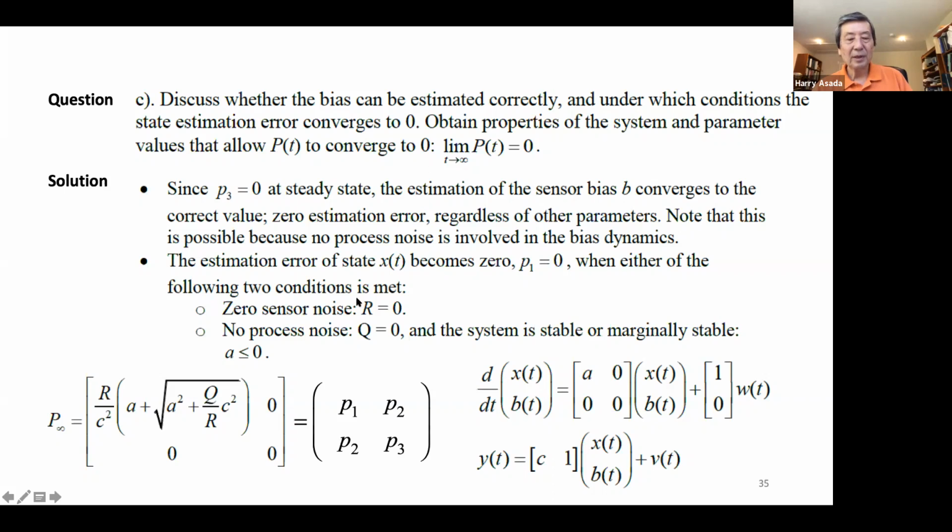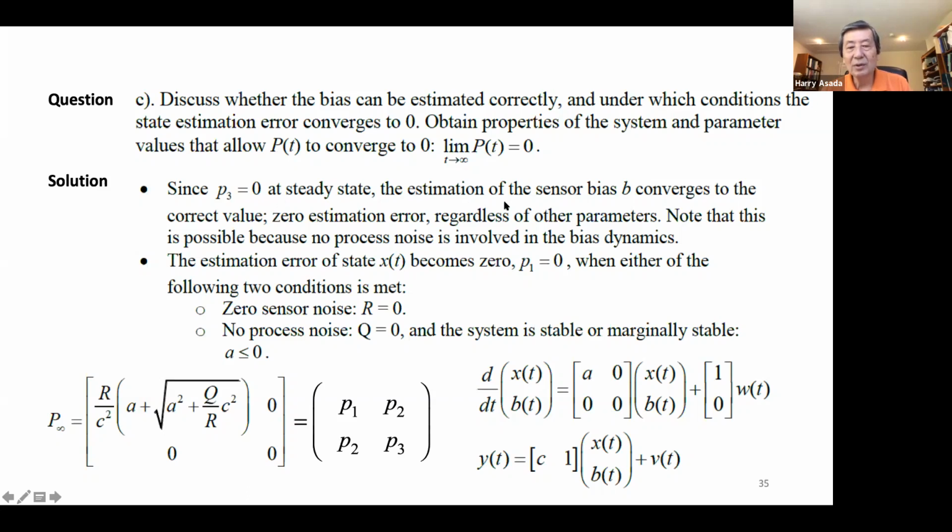So first of all, we end up with this steady state covariance matrix, 2 by 2, right? And remember that this component is P1, and then this one is P2, and this component is P3. So looking at P3, it is associated with B, the second state variable, right? And P3 is 0 at the steady state.